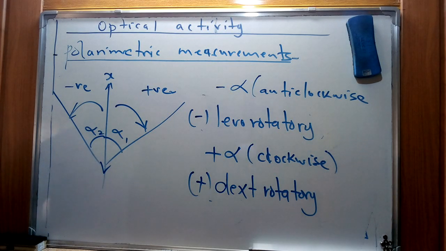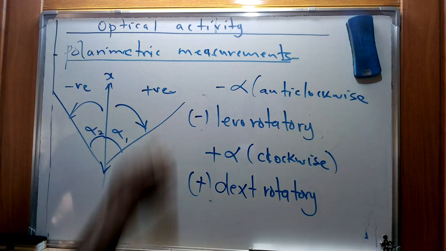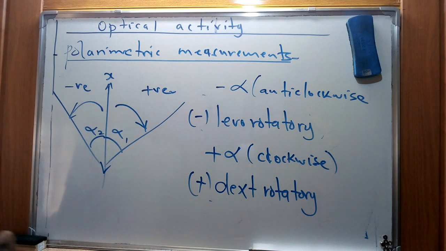In our other discussions, we're going to see that this optical rotation can be specified, and therefore in our next video we're going to look at the concept of specific rotation.